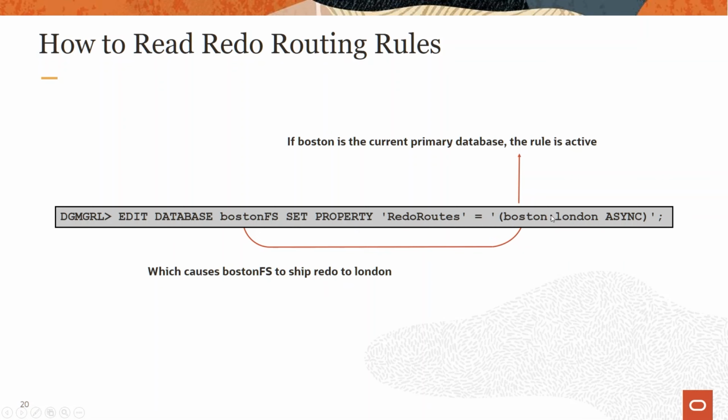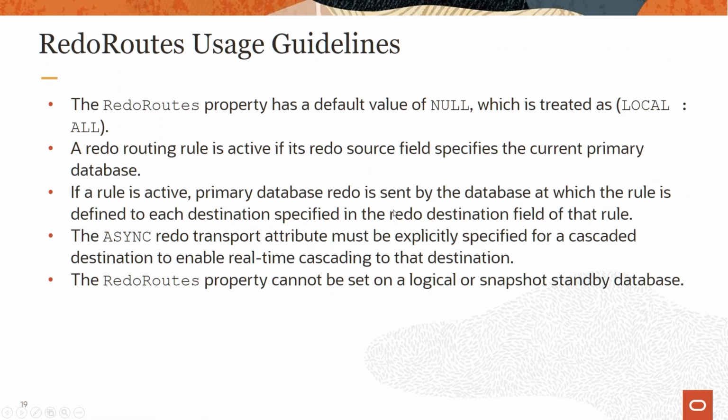Now this is the if condition. If Boston is the primary database, then the rule is active. Boston far sync transports redo to the London database asynchronously. So Boston far sync is a sender, London is a receiver if Boston is the primary. So that is a simple thing that you can do.